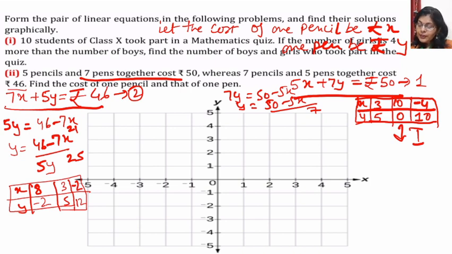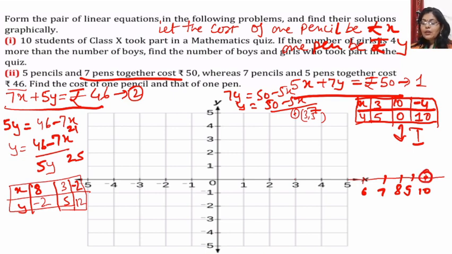First 3 and 5. 3 is over here and 5 is over here. Then 10 and 0. 10 will be somewhere; we'll proceed along the line, 6, 7, 8, 9 and somewhere 10. 10 and 0 will be somewhere over here.